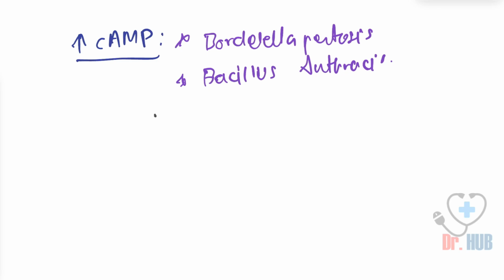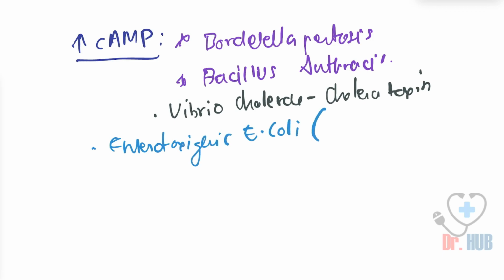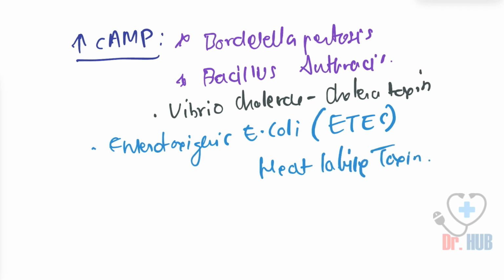Next comes Vibrio cholerae, the cholera toxin. Then there is also the enterotoxigenic E. coli, that is nothing but the ETEC, and this is the heat labile toxin.